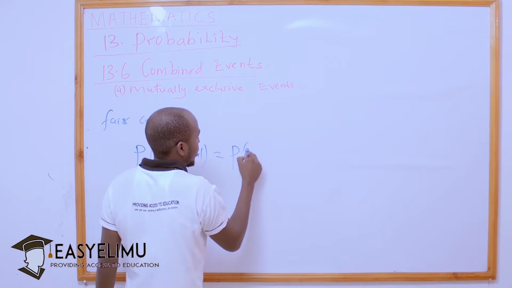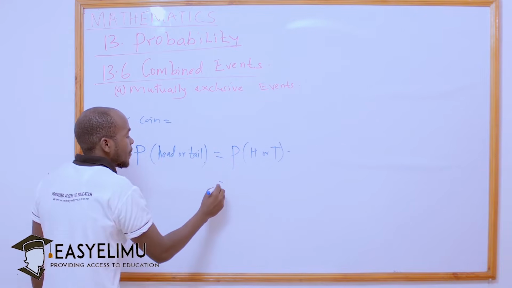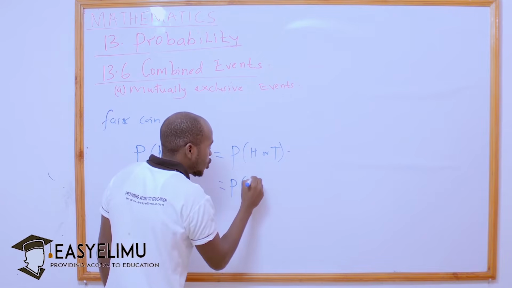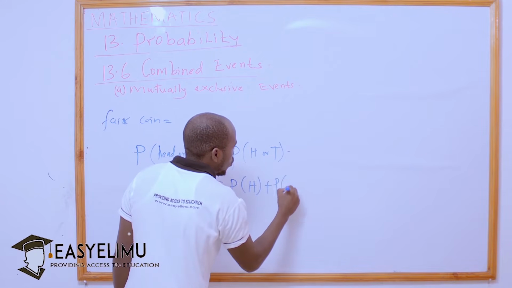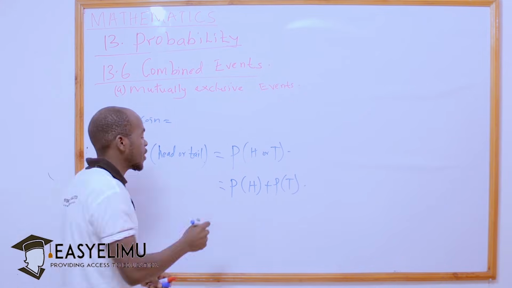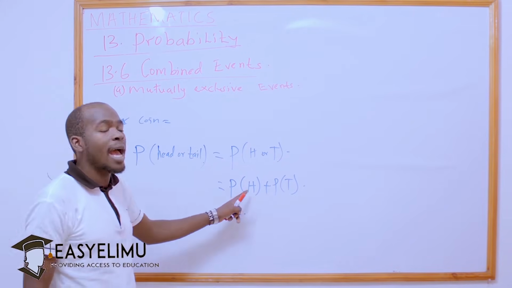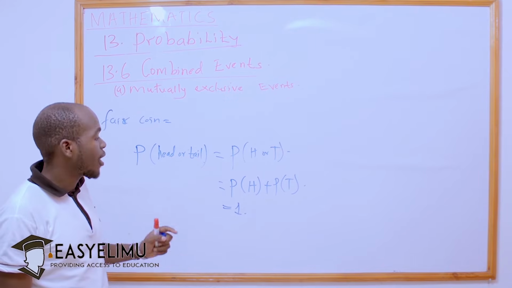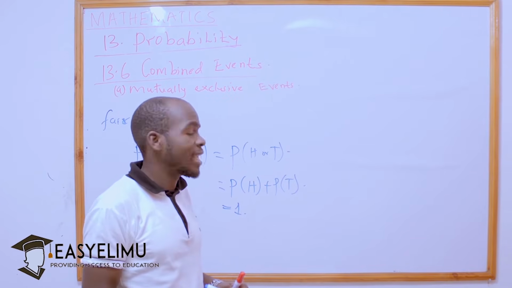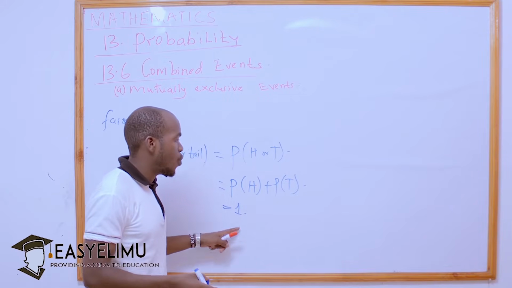If you hear head or a tail, it's like you are being told to sum up the two of them. So the probability of getting a head or a tail in a single toss will be equal to 1. Why? The probability of getting a head in a coin tossed once is a half, and also getting a tail is a half. So if you add them together, you're going to get 1.